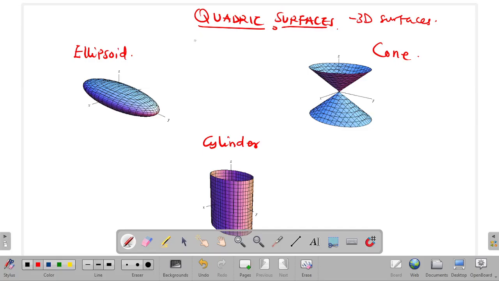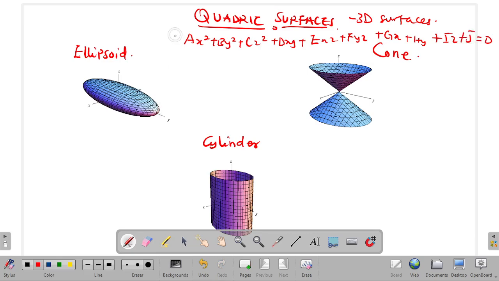Quadric surfaces generally have a general formula: ax squared plus by squared plus cz squared, plus dxy plus exz plus fyz, then plus gx plus hy plus iz, plus j, which is a constant, equal to 0.